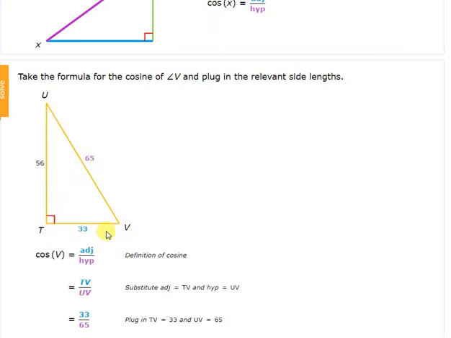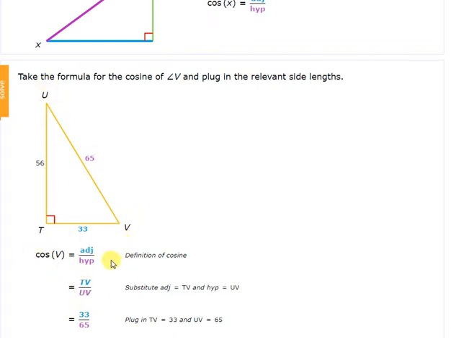So ignoring this, which is the opposite side, because for cosine we don't need the opposite side, we need the adjacent. The adjacent according to angle V is TV, and the hypotenuse is UV.